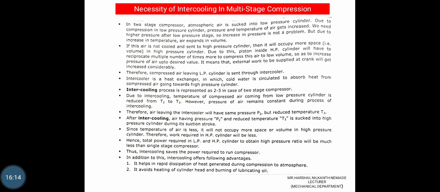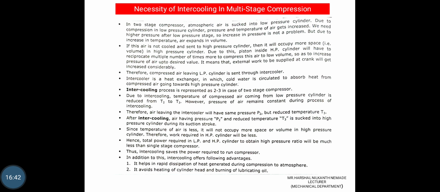After the intercooler, air having pressure P2 and reduced temperature T3 is sucked into the high pressure cylinder during the suction stroke. Since the temperature of the air is less, it will not occupy more space or volume in the high pressure cylinder. Therefore, the work required in the high pressure cylinder will be less. Hence, the total power required in the low pressure and high pressure cylinders to obtain a high pressure ratio will be much less than for a single stage compressor.